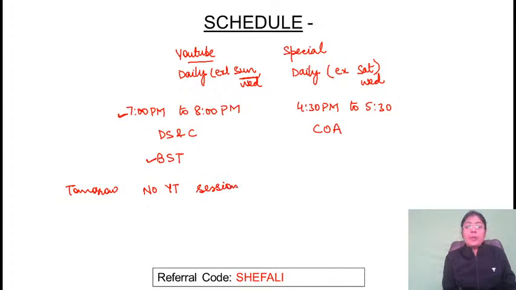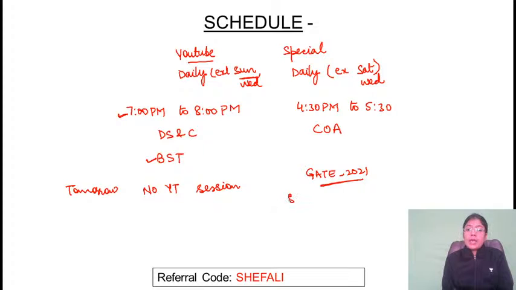But tomorrow we will be having 2 special classes. I am announcing the topics of the special classes, very very important. For one topic you have been asking for quite some time: how to effectively utilize the last 60 days of the GATE preparation. Approximately 2 months to go for GATE 2021. So this session will be very useful for the students targeting GATE 2021.